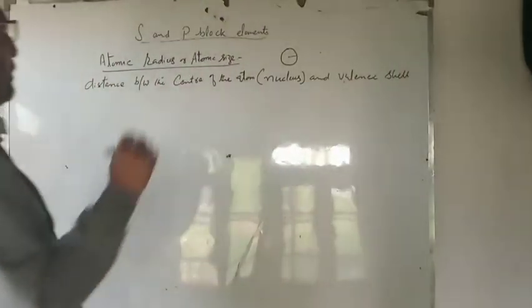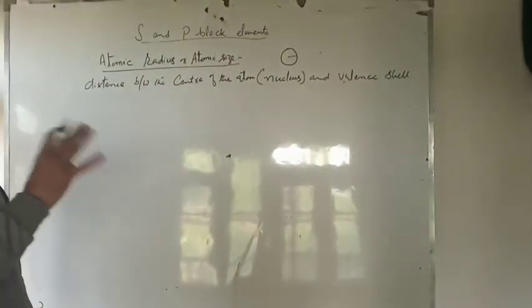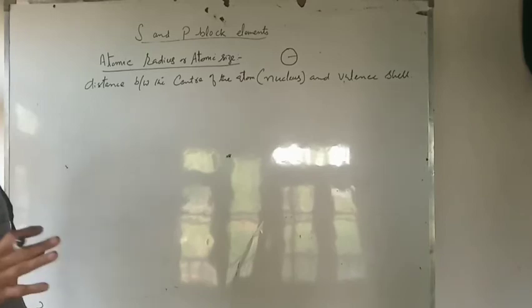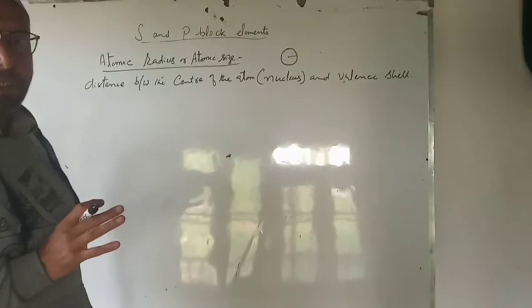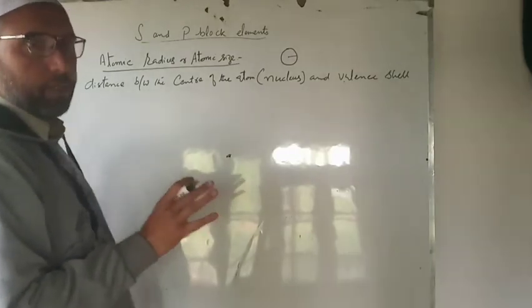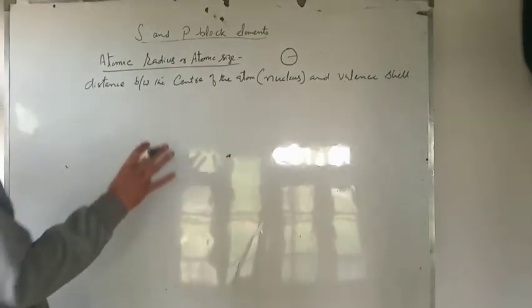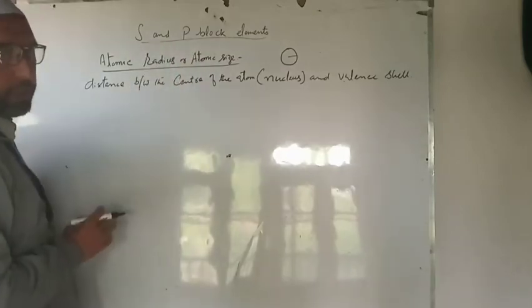So this distance from the nucleus up to the outermost shell gives us the atomic radius. The greater the distance, the larger is the atomic radius or atomic size.